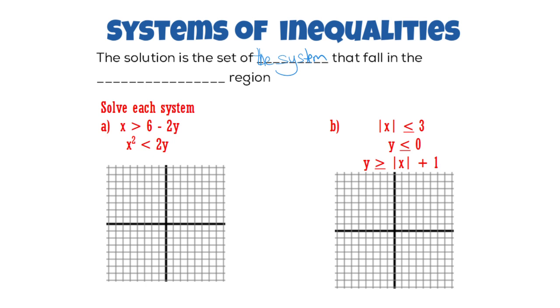The solution is the set of points that fall in the, I can't just say the shaded region. For it to fit in the system, it has to fall in the double shaded region. So wherever it got double shaded, but actually that's not even the right answer because I have 3 inequalities here. So that would be the triple shaded region.